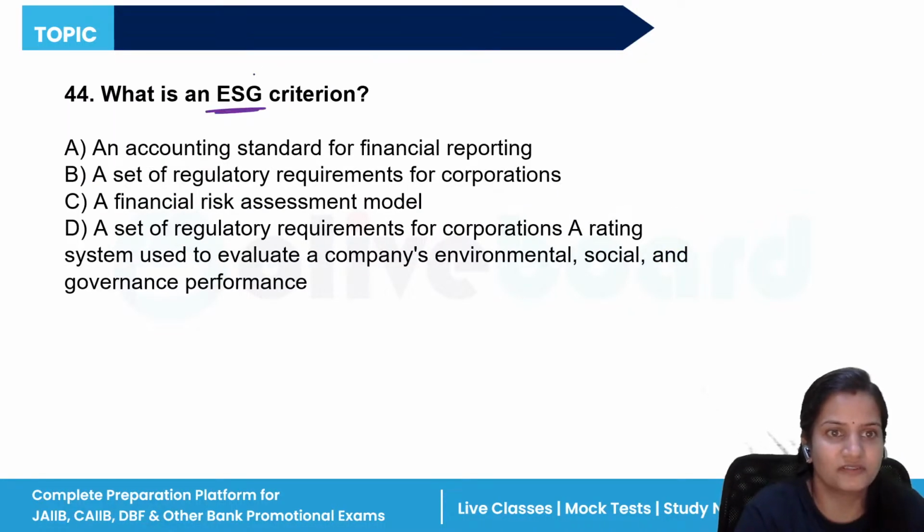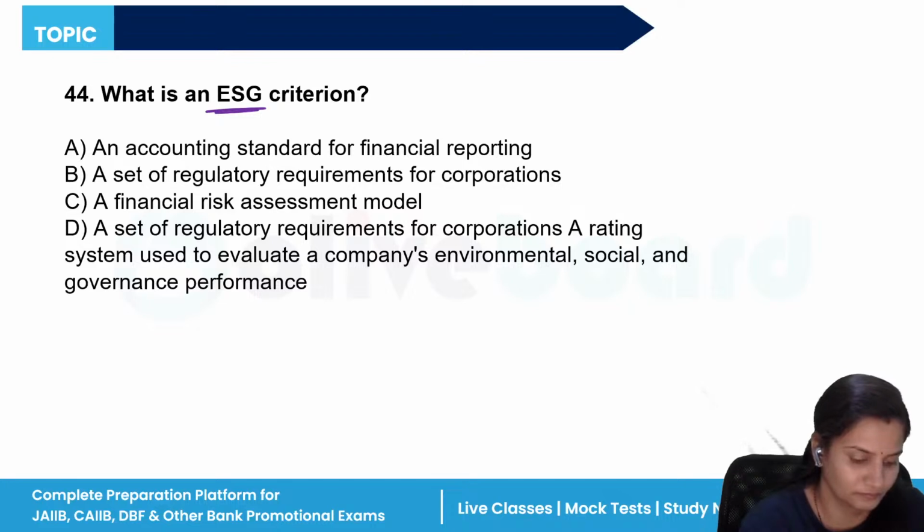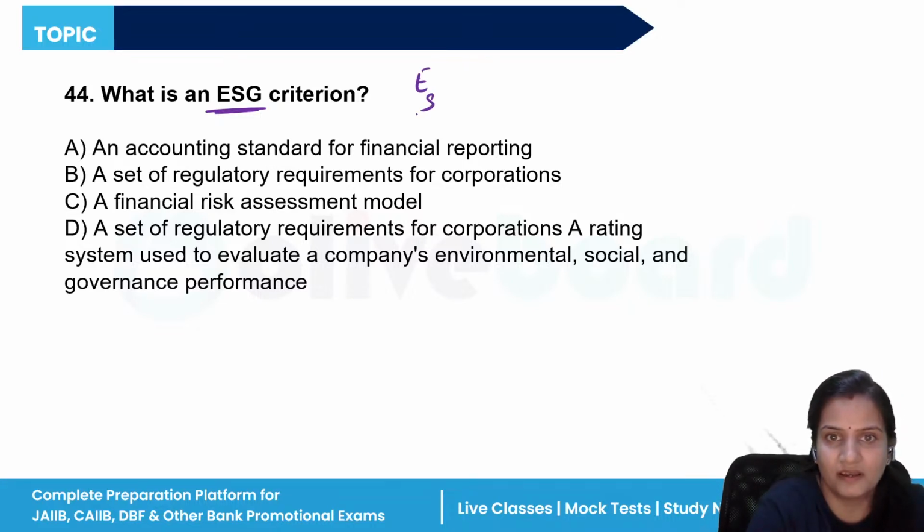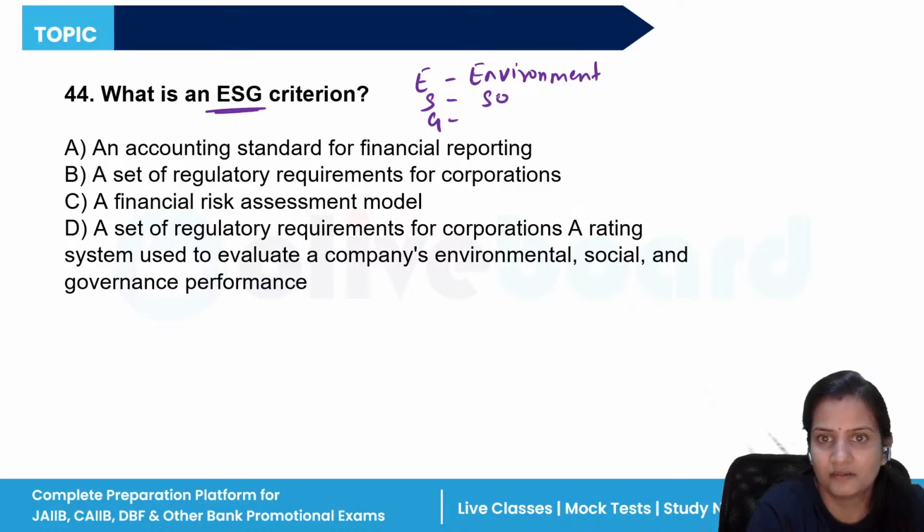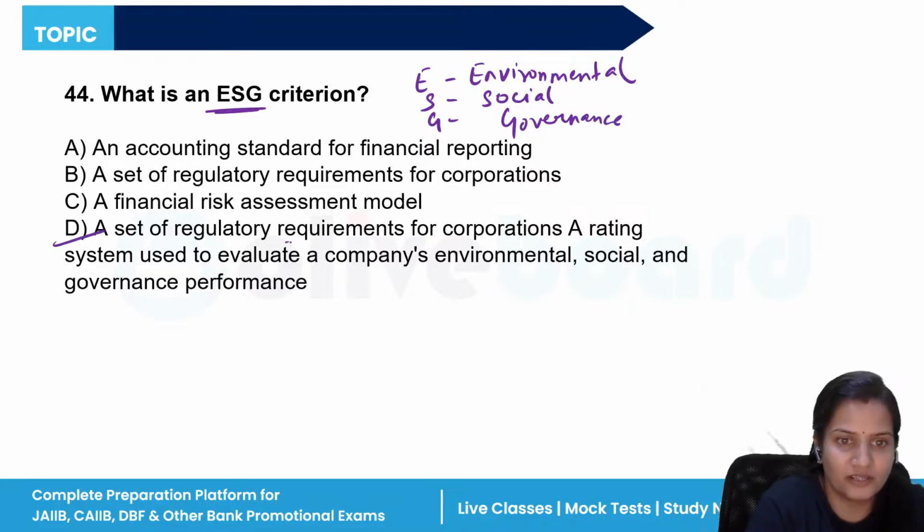ESG criterion. What is ESG? Environmental, social and governance. It is a set of regulatory requirements for corporations, a rating system that evaluates a company's environmental, social, and governance performance.